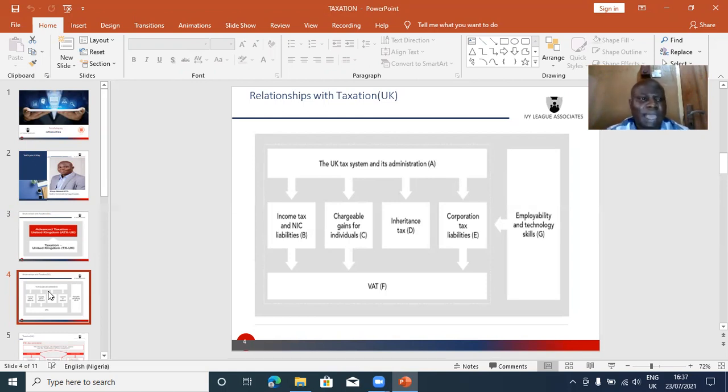We know that as accountants, how we do our job is influenced by technology. And we know very well that this exam will be taken on a technology platform, that is, the ACCA CBE platform. So it's very important for you to understand the place and importance of technology in this exam. It's a skill you need for employment, and it's also a skill you need to pass this paper.